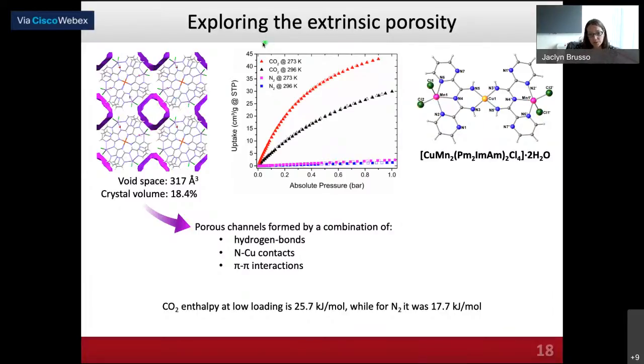And so here we have a plot of not only was the structure maintained upon activation, but we do have a preference for high carbon dioxide uptake. This is somewhat rare, but has been seen before, and the higher CO2 absorption over nitrogen may be attributed to the high nitrogen content within our ligand framework.